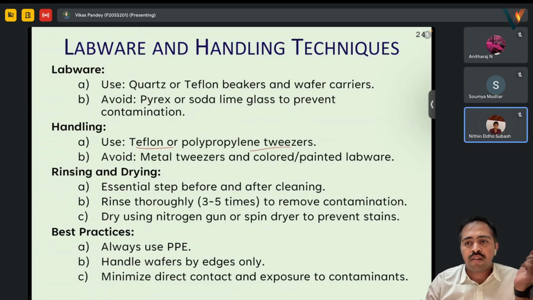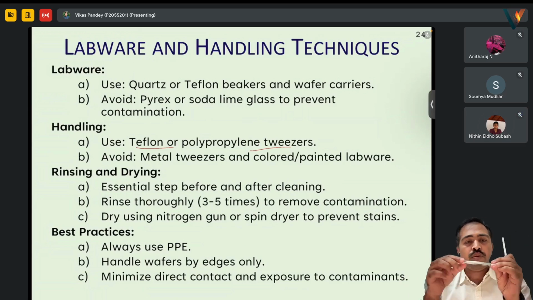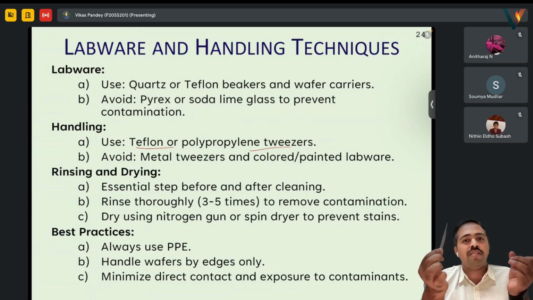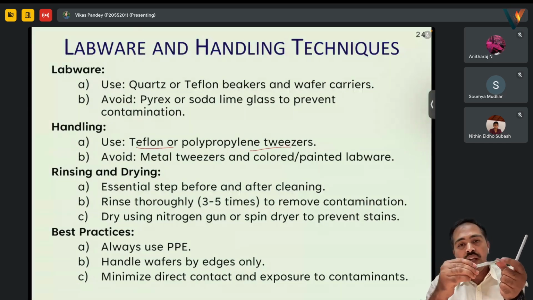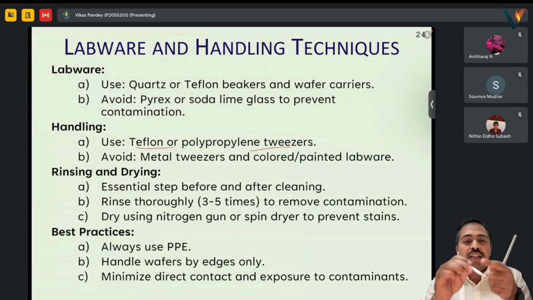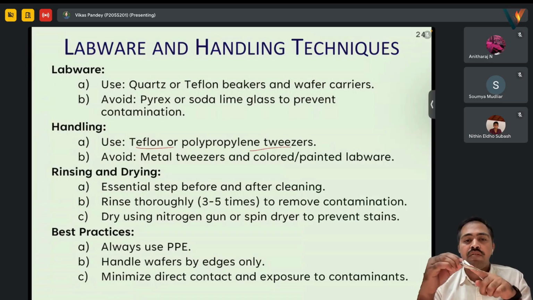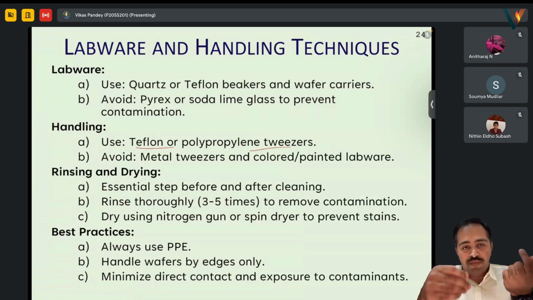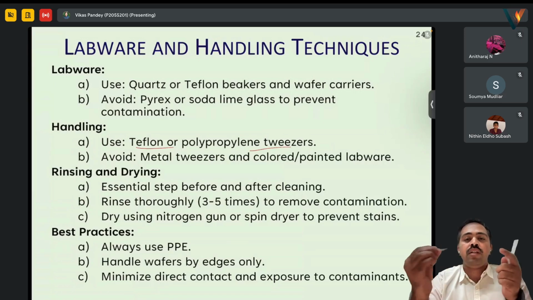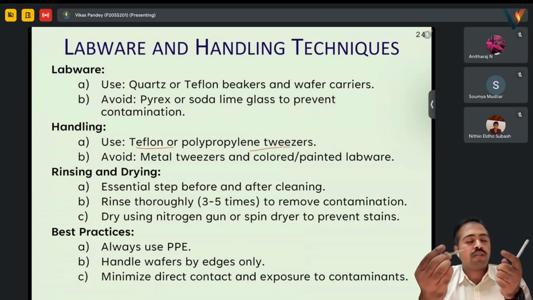Yes, sir. These tweezers look very similar to the tweezers you might be aware of, but they are of very good quality and are coated with Teflon. This one is for general purpose handling, not wafer handling.